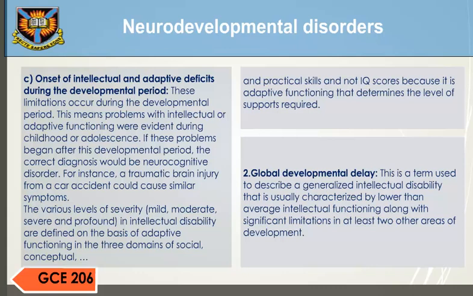Global developmental delay. This is a term used to describe a generalized intellectual disability that is usually characterized by lower than average intellectual functioning, along with significant limitations in at least two other areas of development.